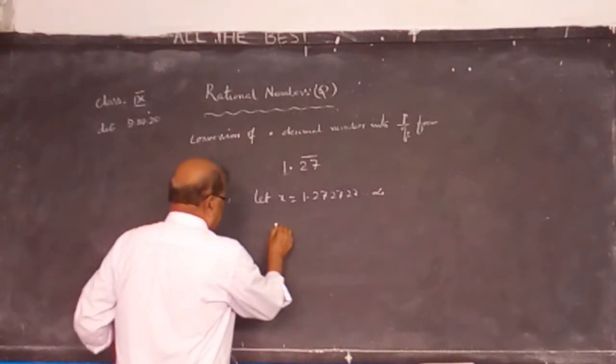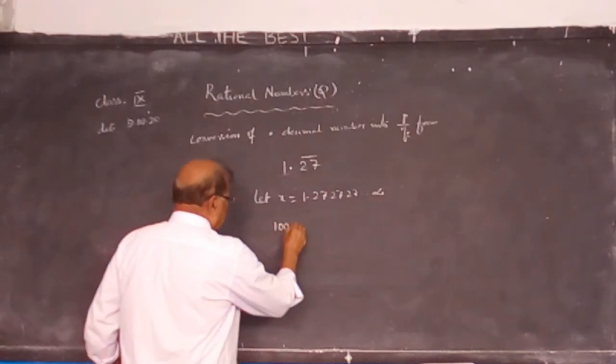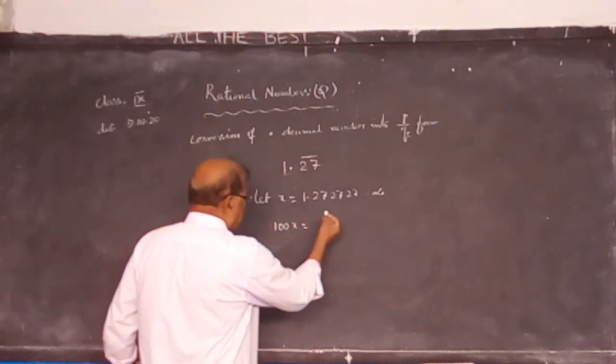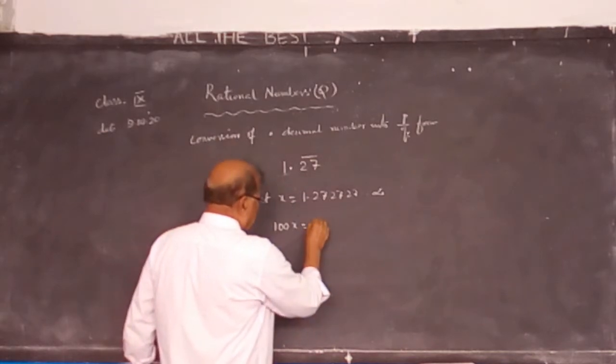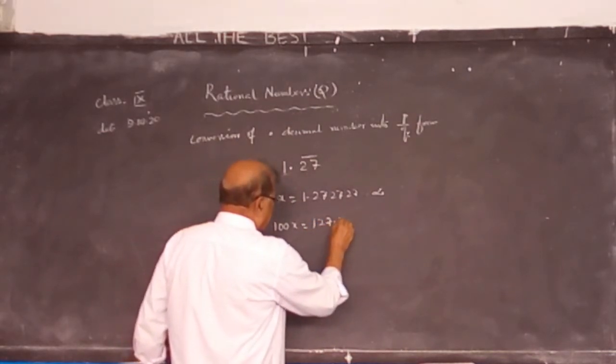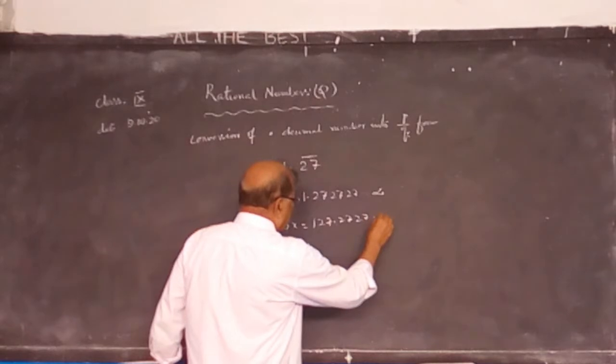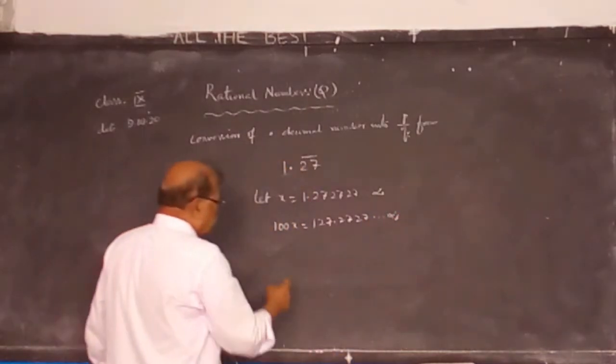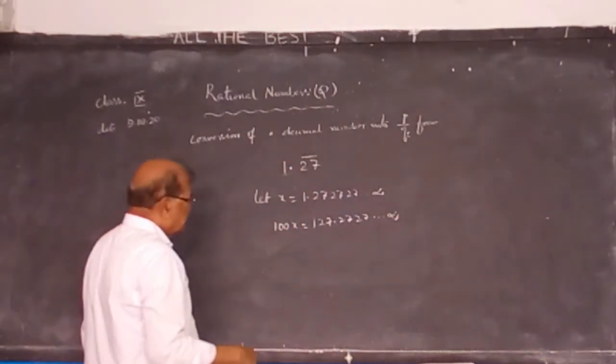What do we get? 100x is equal to 127.2727 up to infinity. So we multiply both sides with 100.